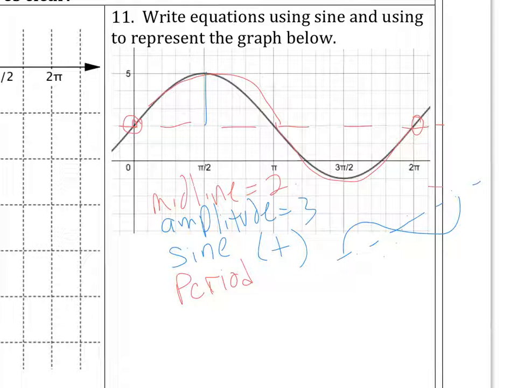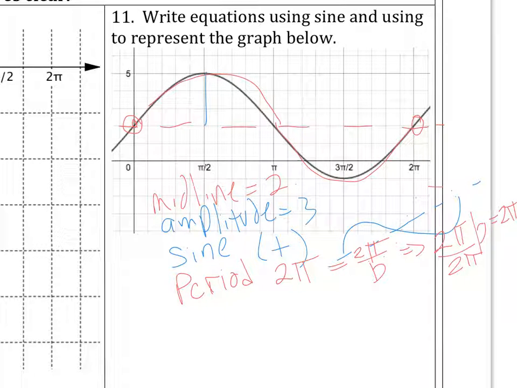Going from 0 to 2 pi, we've got 2 pi as a period. We know that period is equal to 2 pi divided by b. In other words, 2 pi times b is equal to 2 pi. Divide both sides by 2 pi, and I get b is equal to 1.